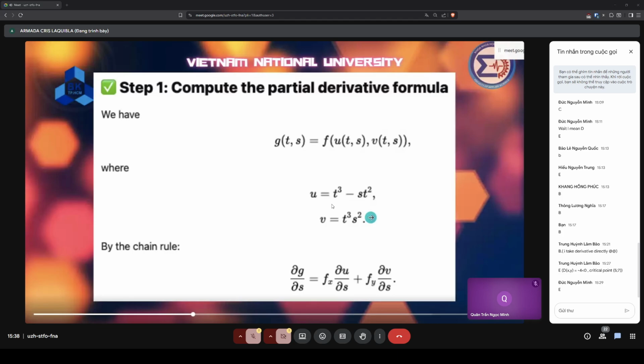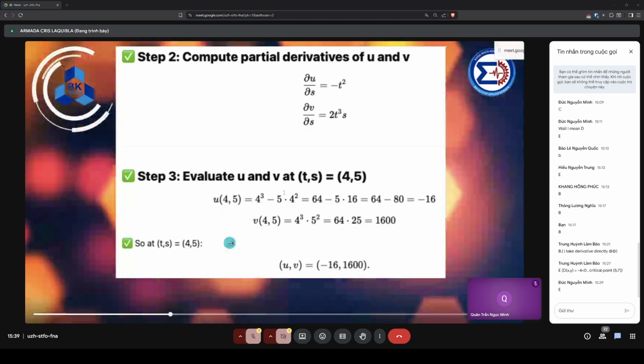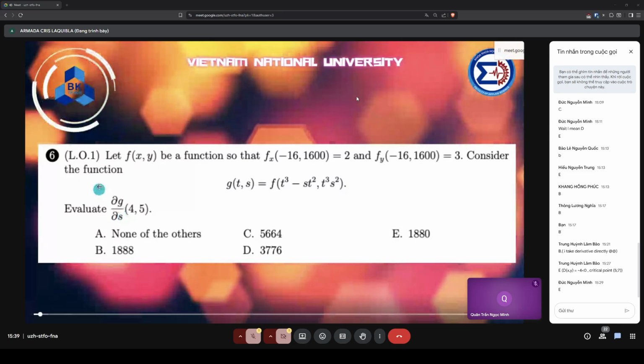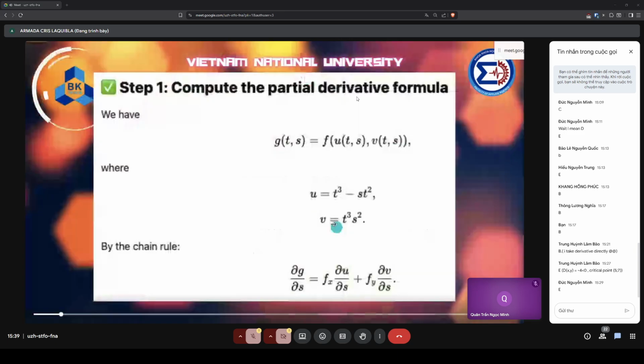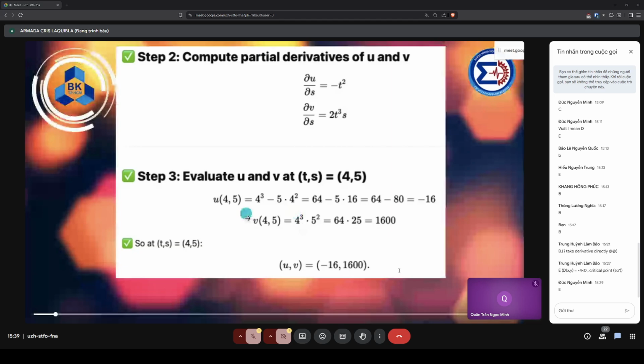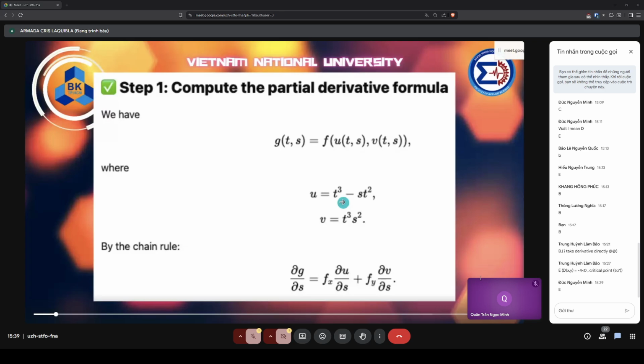Now what to do? Your t and s are 4 and 5, because that's the question. Your u(4, 5), substituting it in your u function, t cubed minus s t squared, the answer is negative 16.